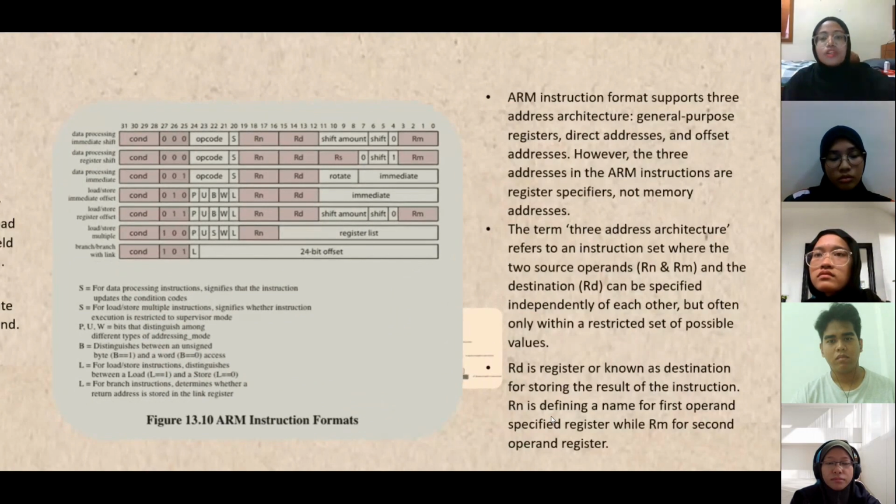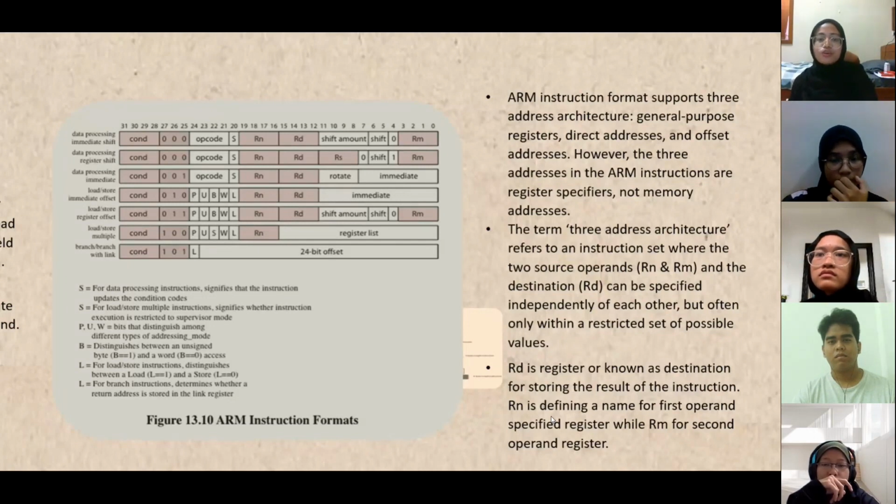And for ARM instruction format, we have 3 address architecture: general purpose register, direct addresses, and offset addresses. So 3 address architecture means having 3 operands inside the instruction. The term 3 address architecture refers to an instruction set with 2 source operands, Rn and Rm.